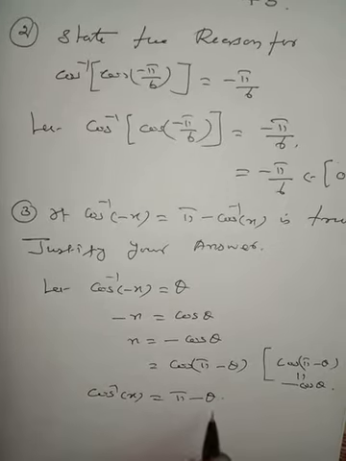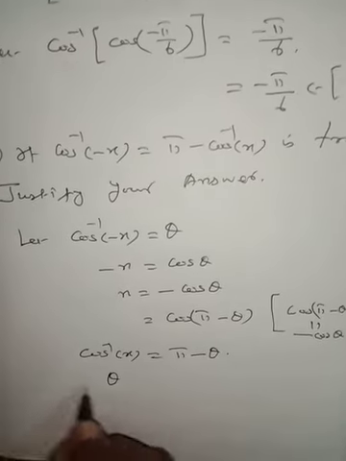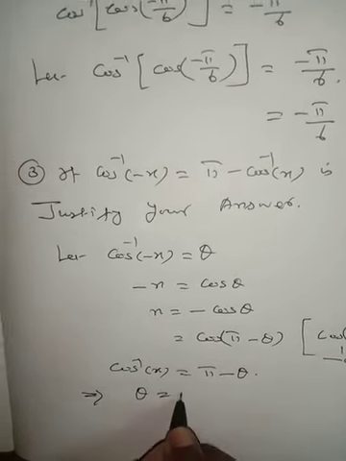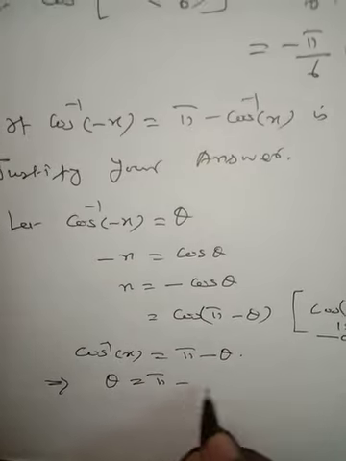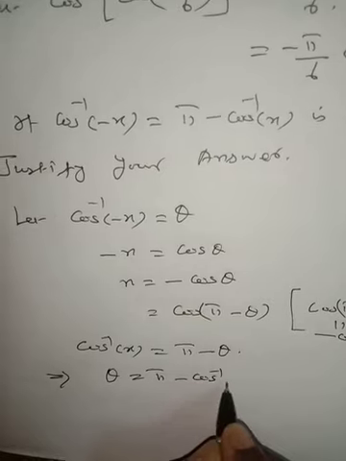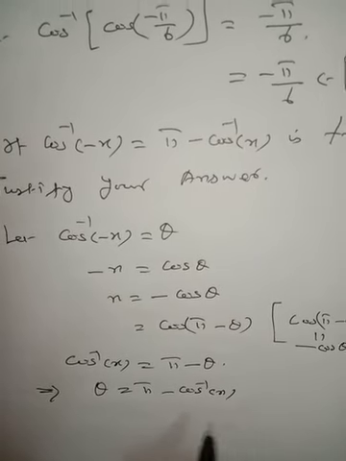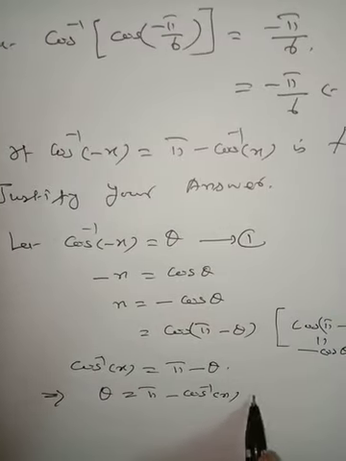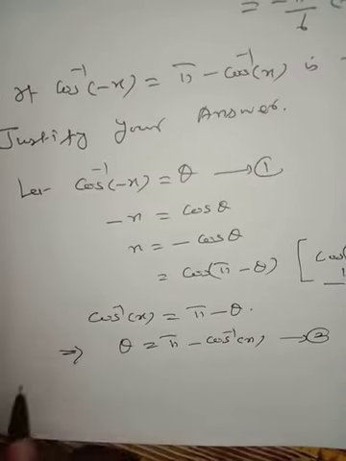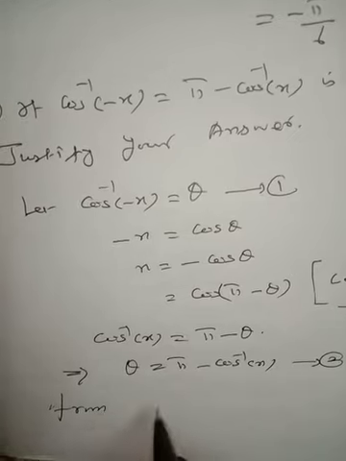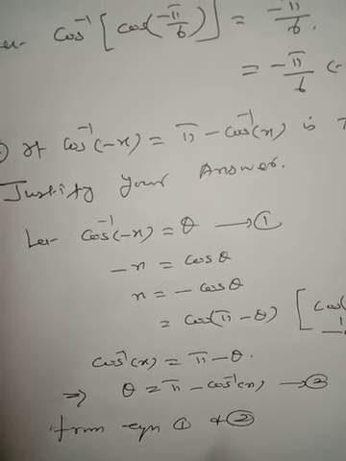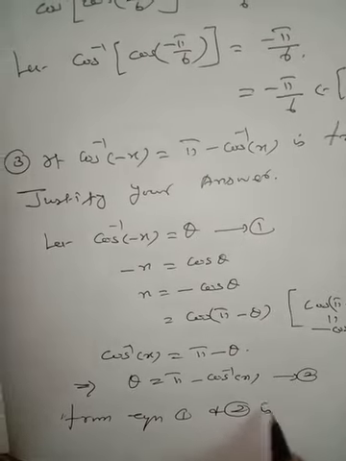Now this implies theta is equal to pi minus cos inverse of x. This is equation number 1. This is equation number 2. From equation number 1 and 2, it is true.